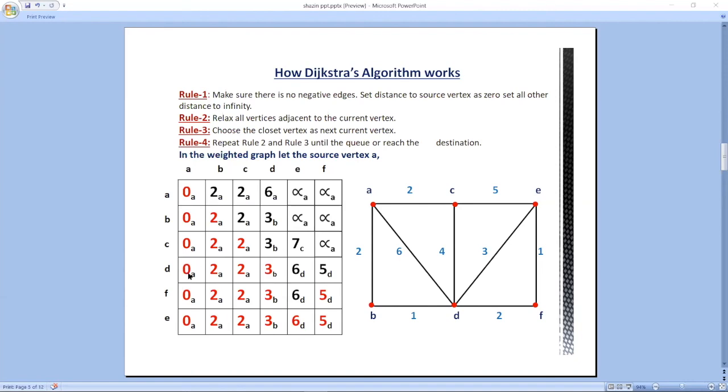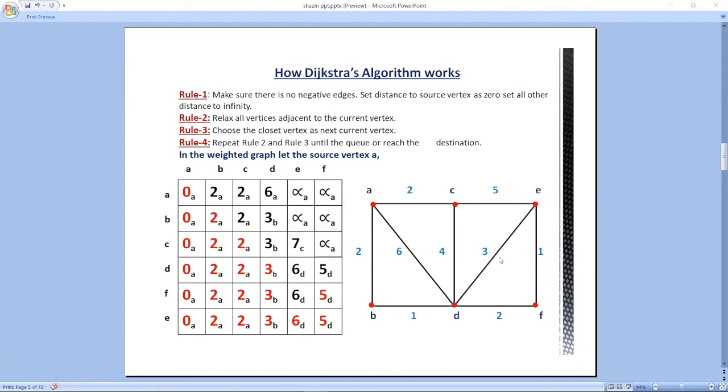I already wrote down the visited vertices: 0 from A, 2 from A, 2 from A, and 3 from B. We have already visited from A to D: 2 plus 1, 3 units.